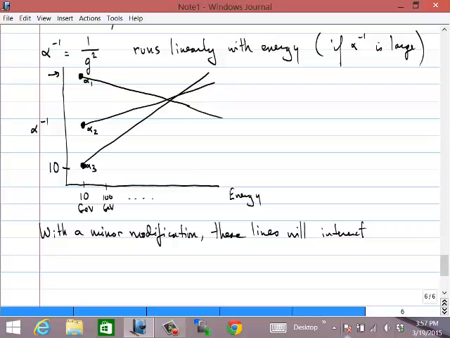So they almost intersect. And what is the energy scale where they almost intersect? We actually have to put in data there, see what it is. Yeah, they almost intersect at about 10 to the 16 GeV.